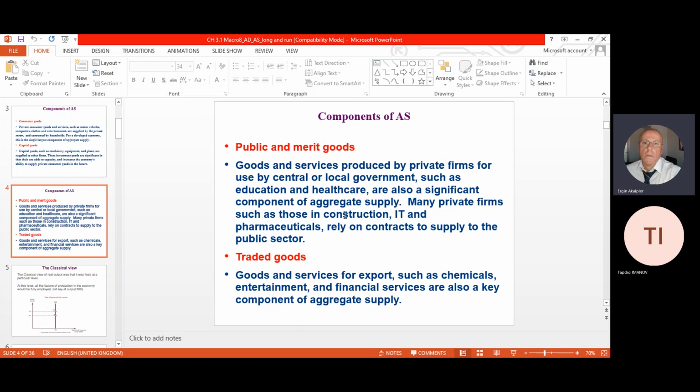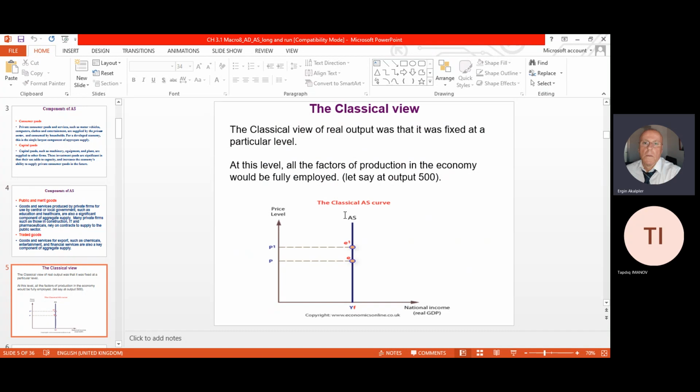And also the traded goods, the goods and services for export markets, such as chemicals, entertainment, and financial services, are also a key component of aggregate supply in the economy.